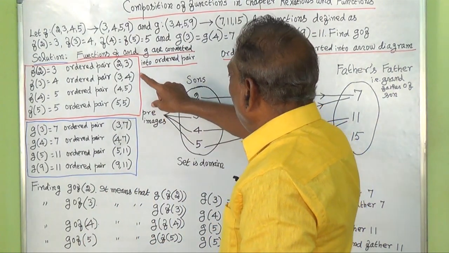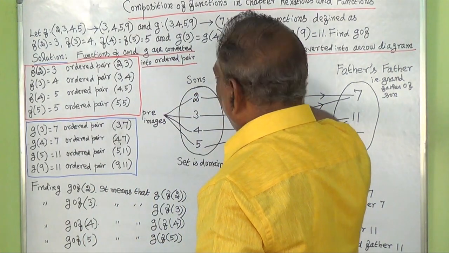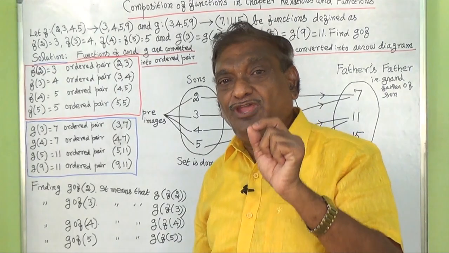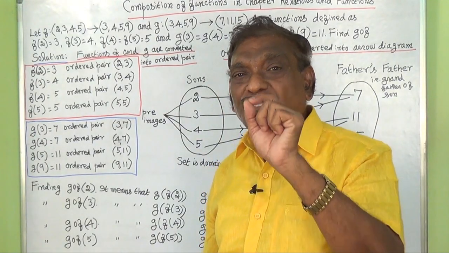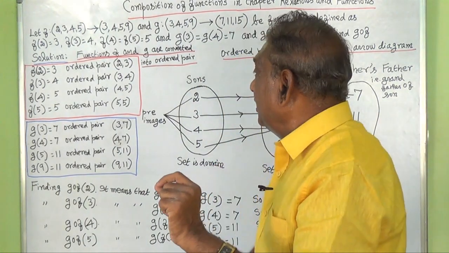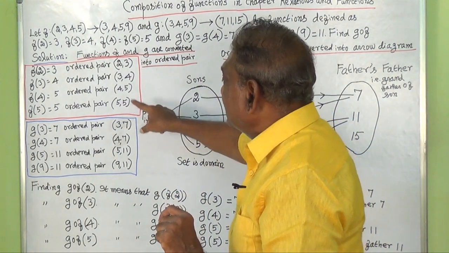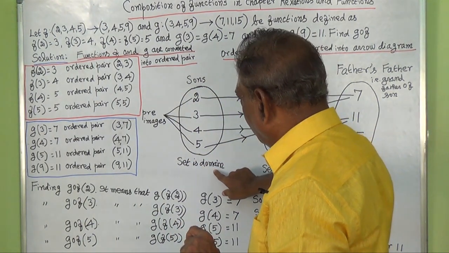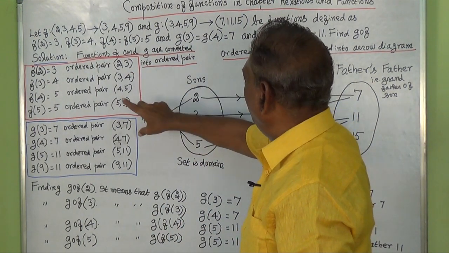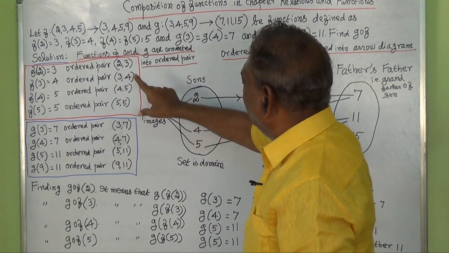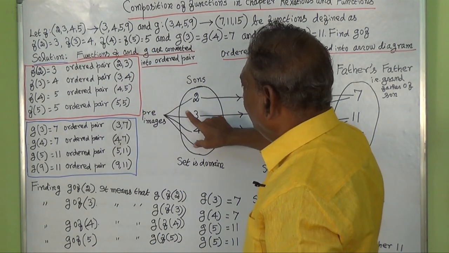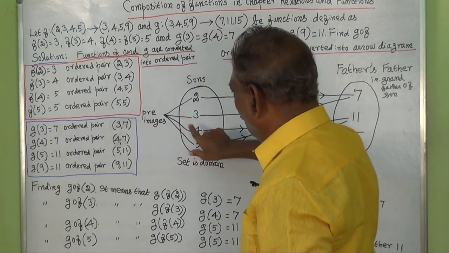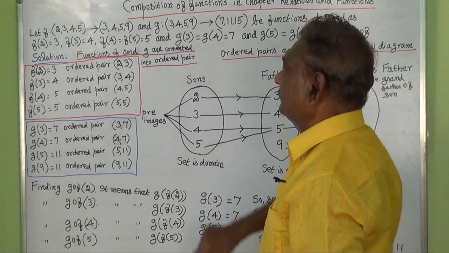So we are going to write the arrow diagram. How can we write the arrow diagram? If we write all the first elements of the ordered pairs as a set, we will get the set called domain. The first elements of the ordered pairs are written as a set, that is 2, 3, 4 and 5.